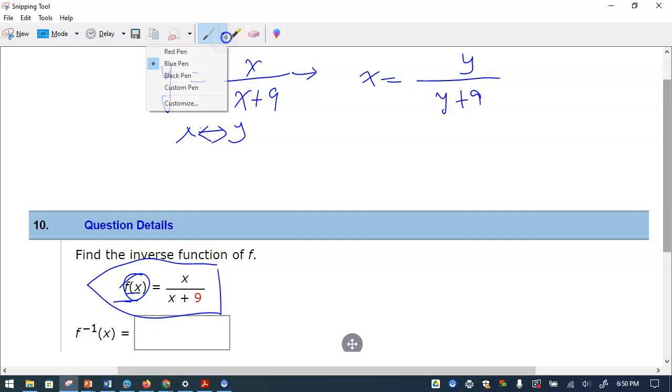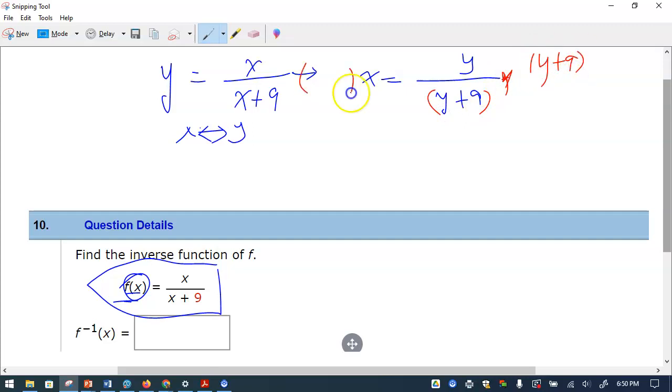Then multiply both sides by y plus 9 to get rid of the fraction. That way we can cross out y plus 9, and you use the distributive property, which gives xy plus 9x equals y.